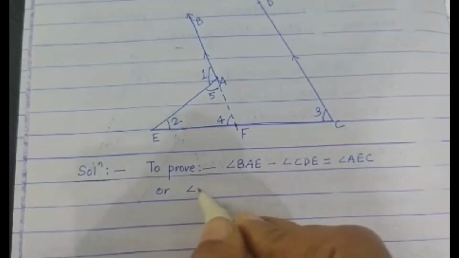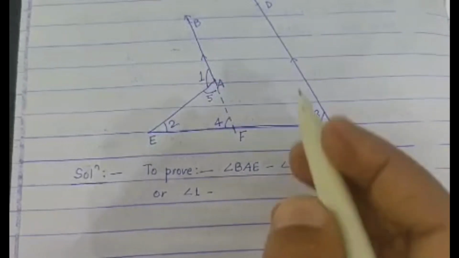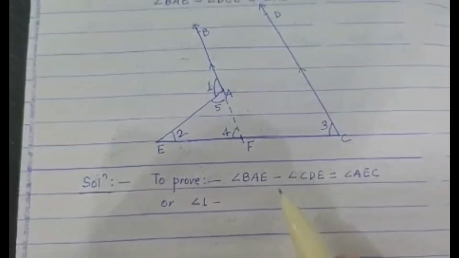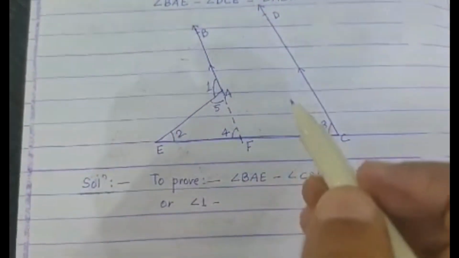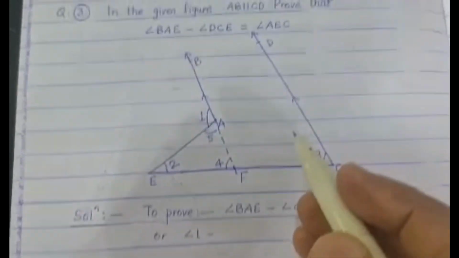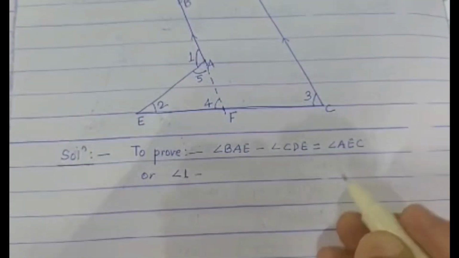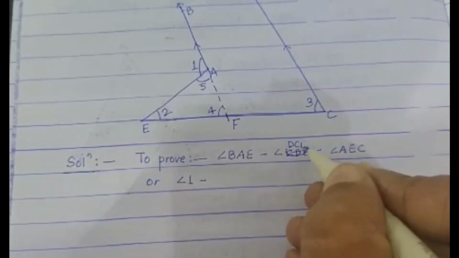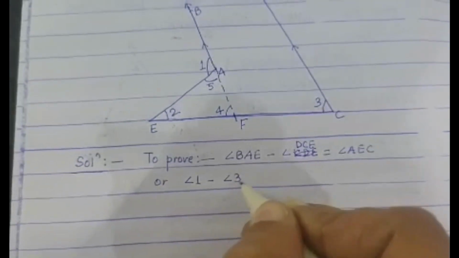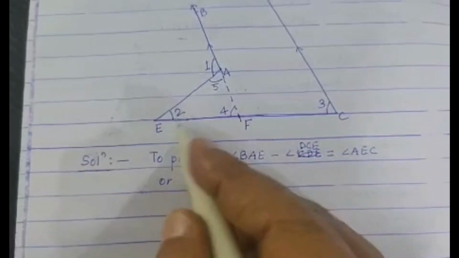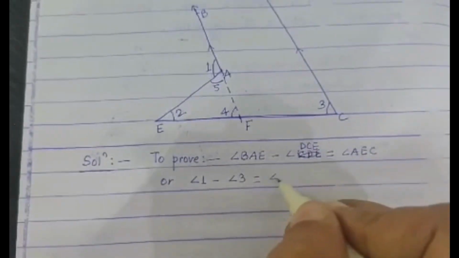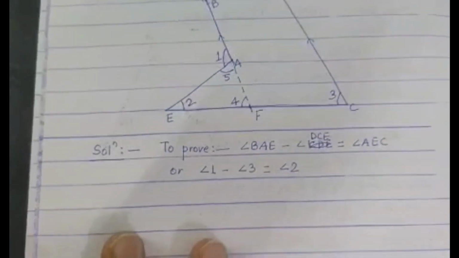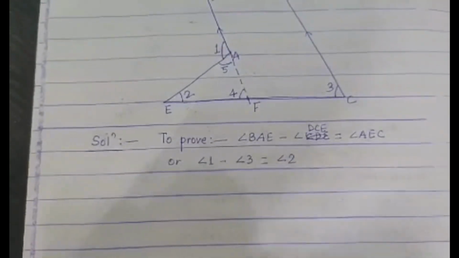Angle 1, minus DCE, angle 3, is equal to AEC, which is angle 2. So we have to prove angle 1 minus angle 3 equal to angle 2.